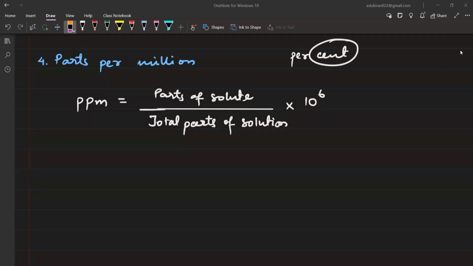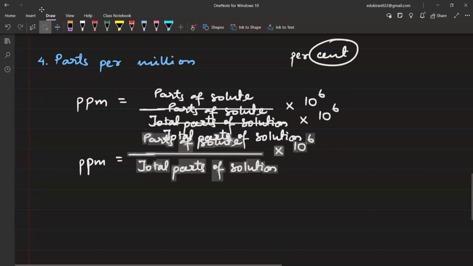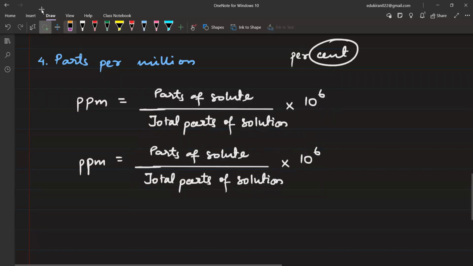Very simple. One thing that I want to just show you guys here is ppm will be equal to, if I take this whole thing and rather than writing 10 to the power 6, I can write 10 to the power 6 as 100 into 10 to the power 4. Now, obviously 100 is equal to 10 to the power 2.